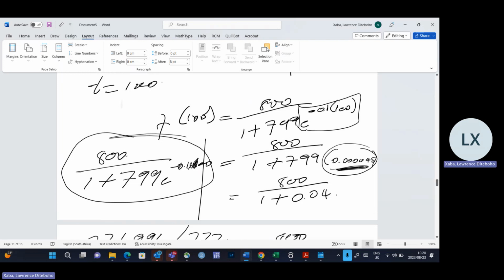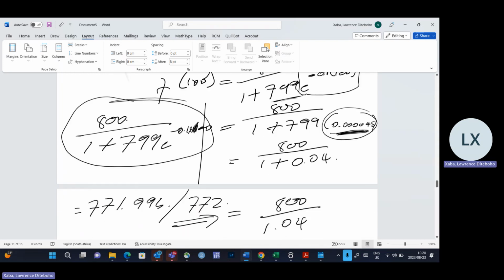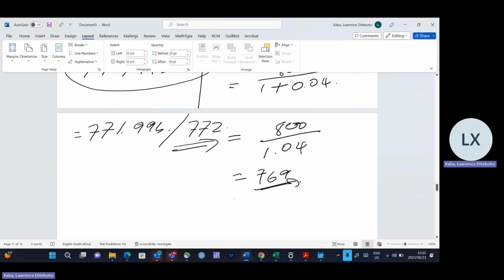So it means I was supposed to multiply 799 by 0.000012345453999.